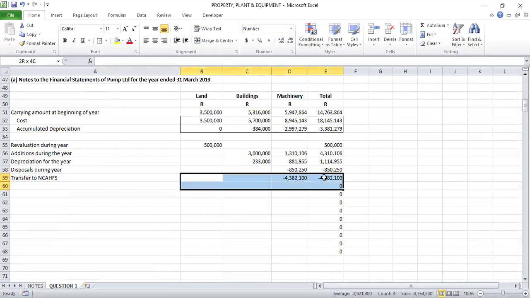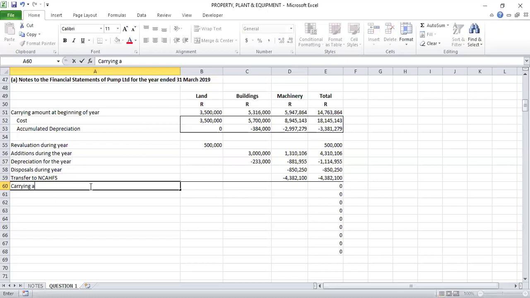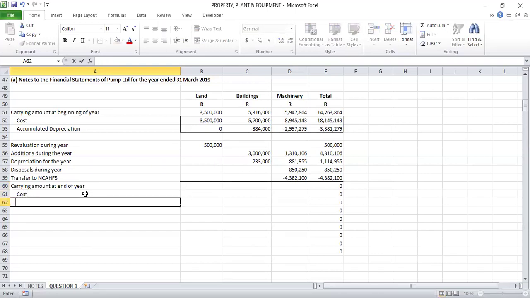Then we can get our carrying amount at end of year, which is made up of cost and accumulated depreciation. And if there is a revaluation, our land is no longer at cost. So we will now say cost or gross carrying amount.